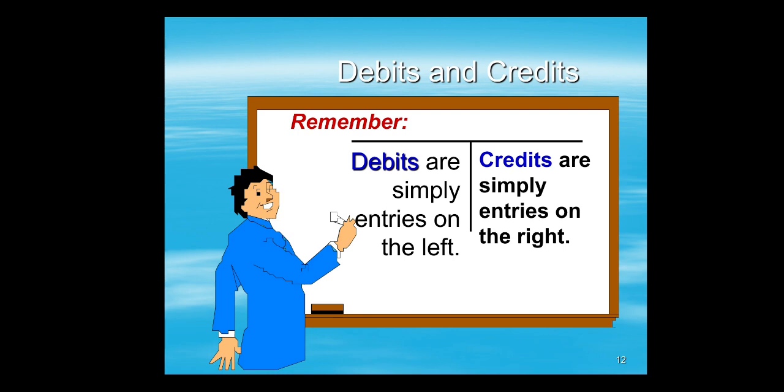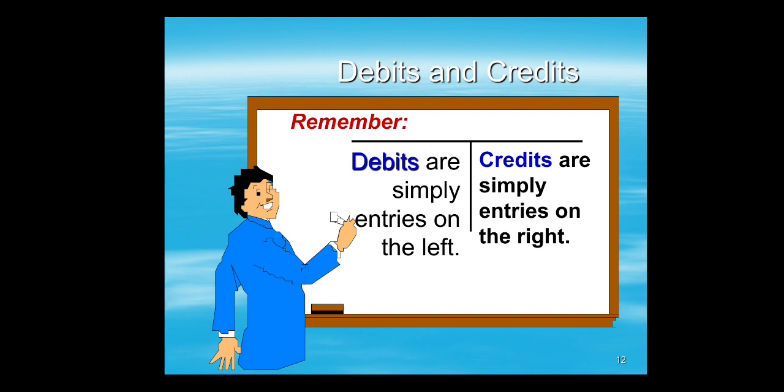Okay, before you can do accounting records in a journal, you have to know the rule of debit and credit. You have to remember this. Debit means entries on the left. So if somebody says to debit the account, it means that you have to record the transaction or the account on the left side.